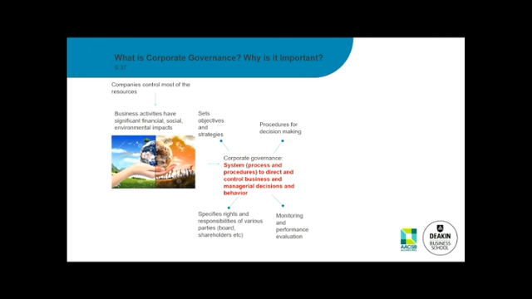So there's some of the things that involve corporate governance: setting objectives and their strategies, making decisions on various procedures, monitoring and checking their performance evaluation, specifying the rights and responsibilities of different people.